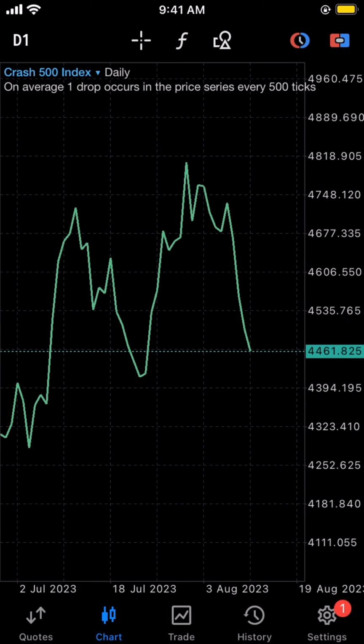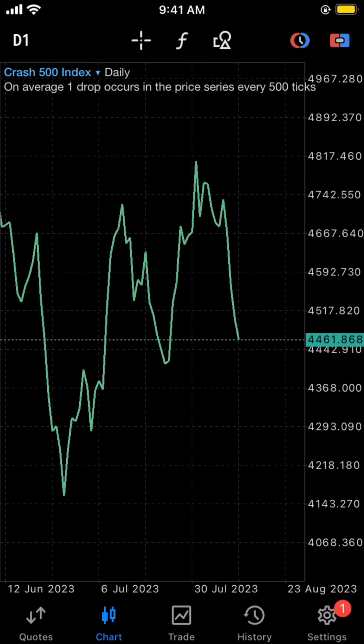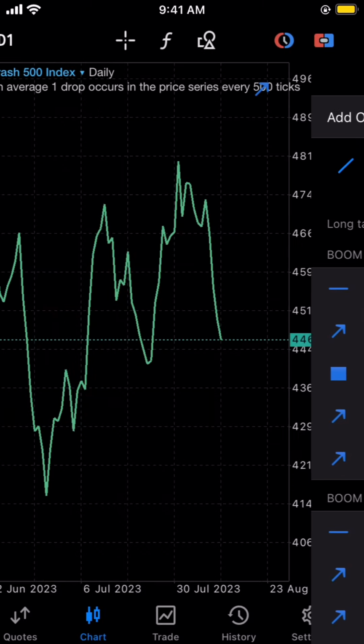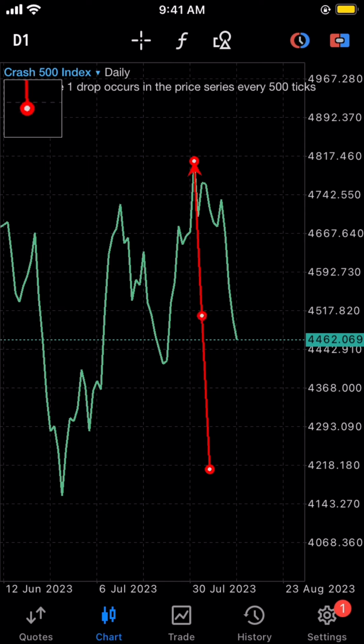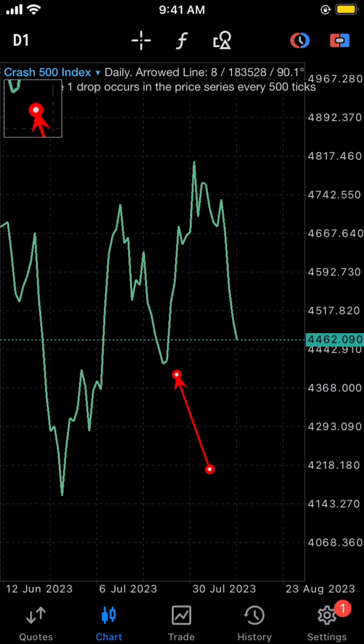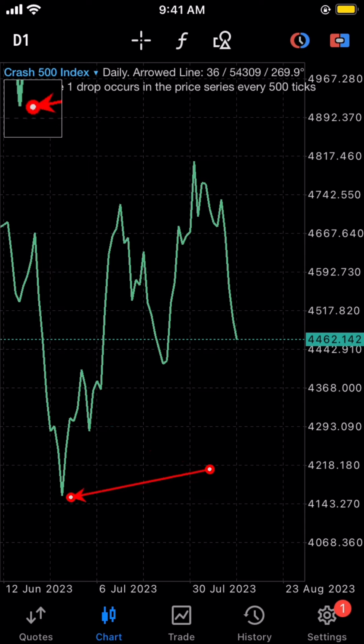The advantage of using line chart is if you want to identify key areas, key resistance or key support areas, always switch to line chart like this, and you can easily spot key areas. You see, this area is a key resistance area. This area is also a key resistance area, and on the opposite side we have a key support area here, and another key support area here. We have also another one here.